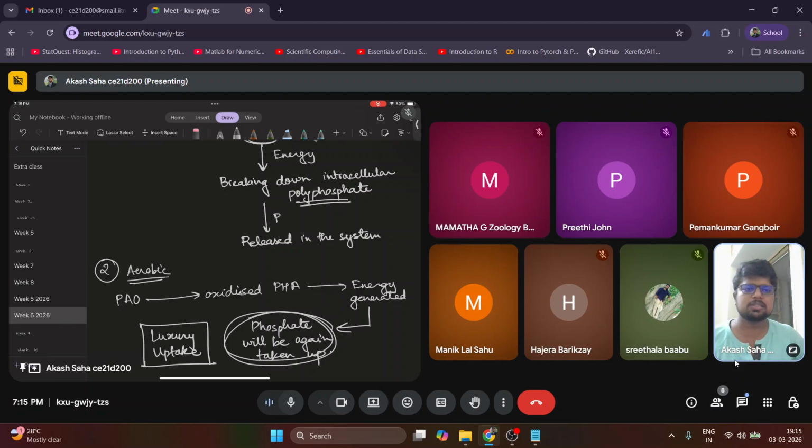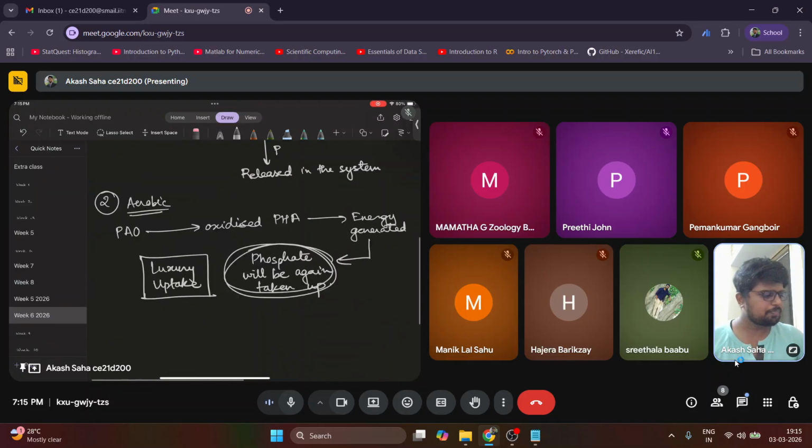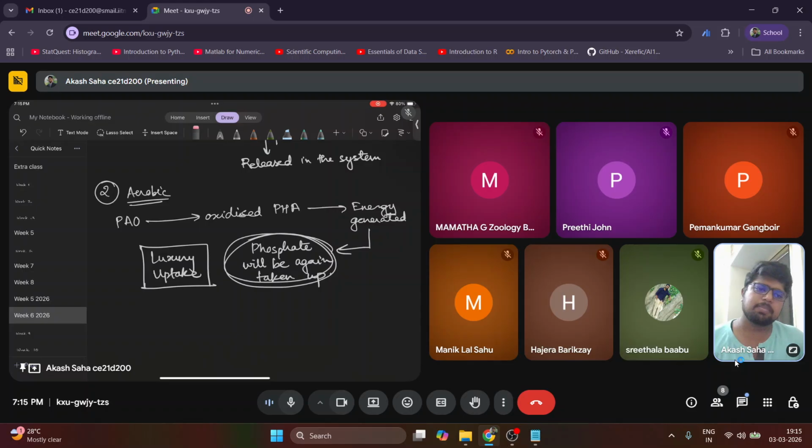Any doubts? This is one of the easily misunderstood things, because in the first chamber phosphate is not taken up by the bacteria but is released in the system, from inside their own cell. Then they do the luxury uptake and take up more phosphate than is required.